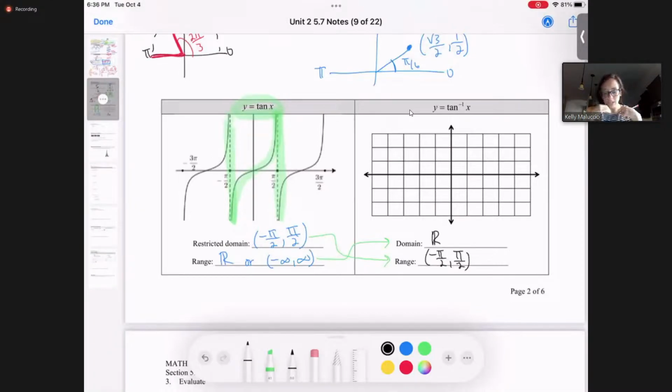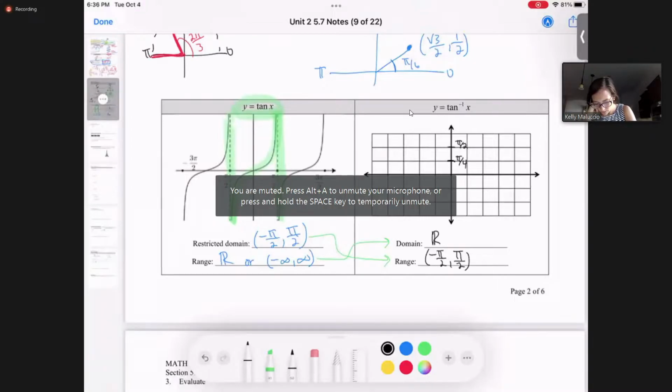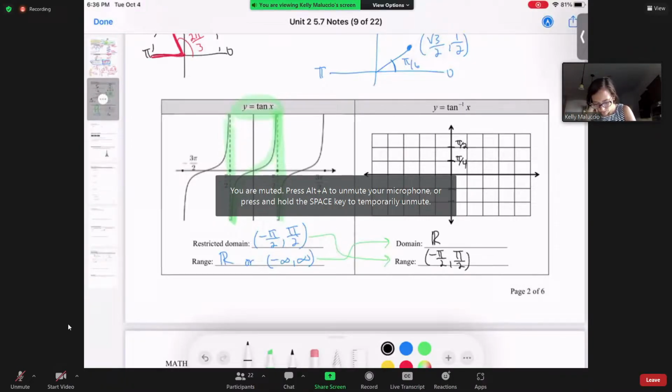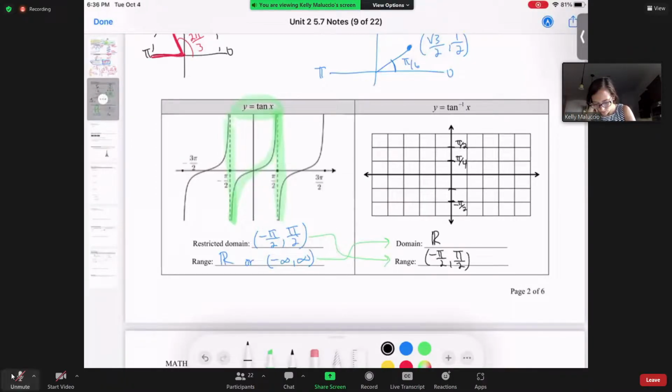To do this, I would recommend, if we label this pi/4, pi/2, -pi/4, -pi/2, and then maybe we make these just 1, 2, 3, etc., -1, -2. Okay.